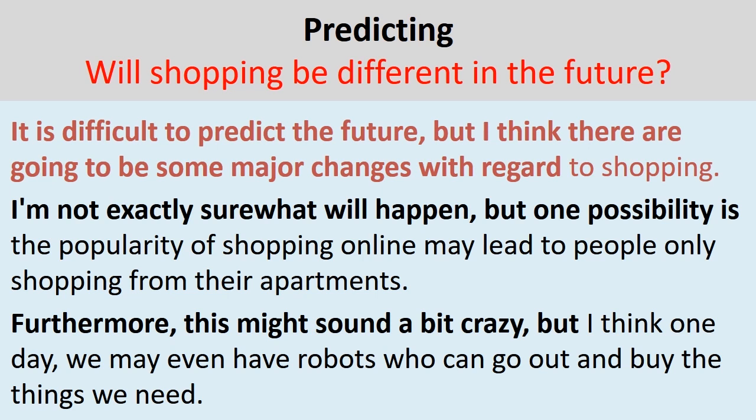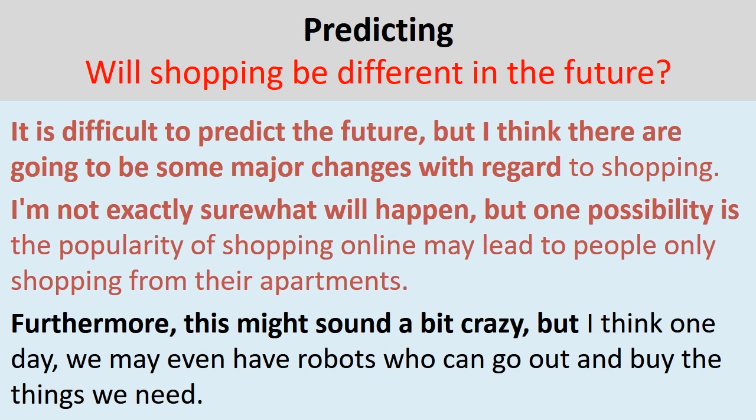Then we move on to our first main idea. I'm not exactly sure what will happen, but one possibility is the popularity of shopping online may lead to people only shopping from their apartments. Then we move on to our second point.